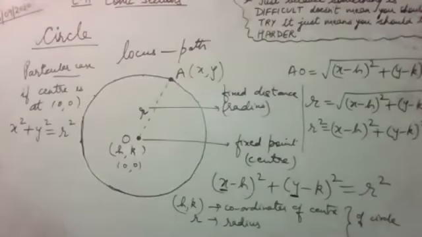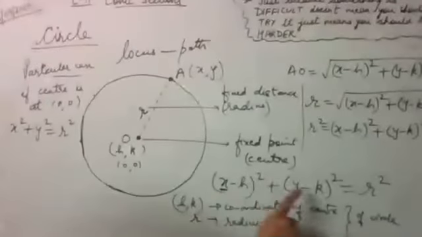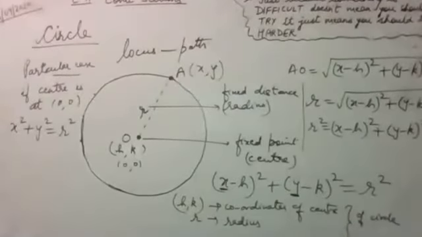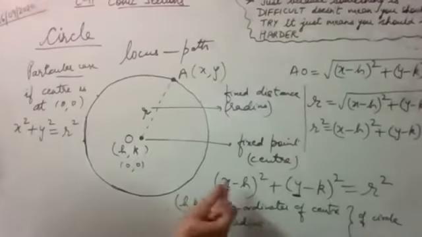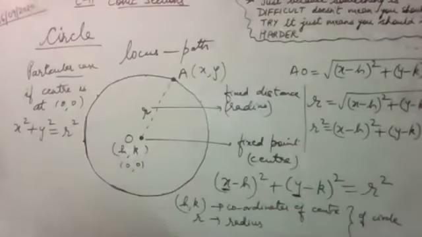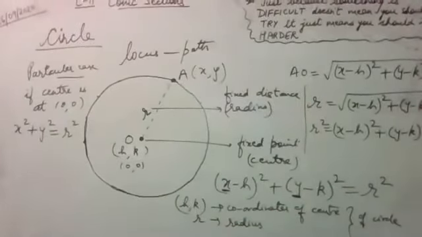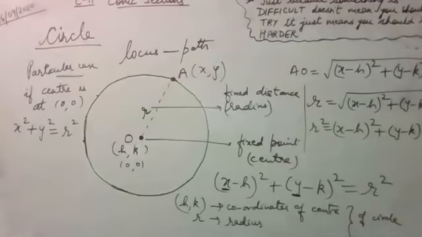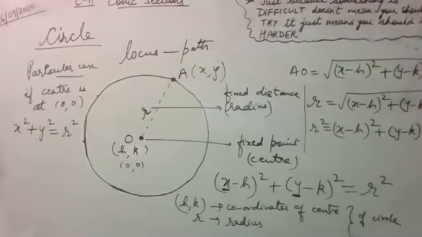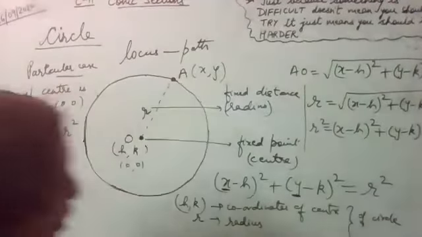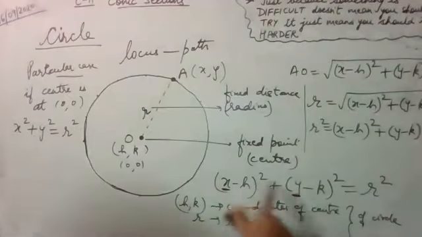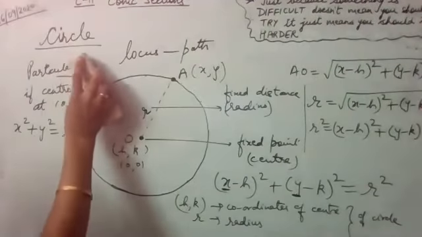One more equation we have. If the equation is in this form and you are asked to find the coordinates of the center and radius of the circle, these will be (h, k) and r. But there is another type of equation of a circle, which we get if we expand this by opening the whole squares.